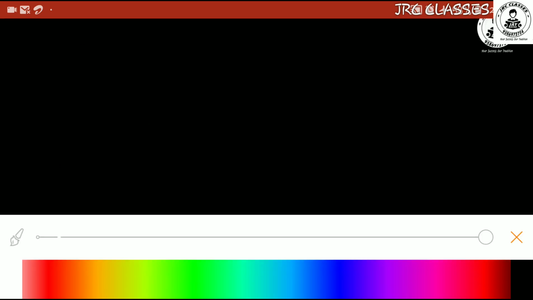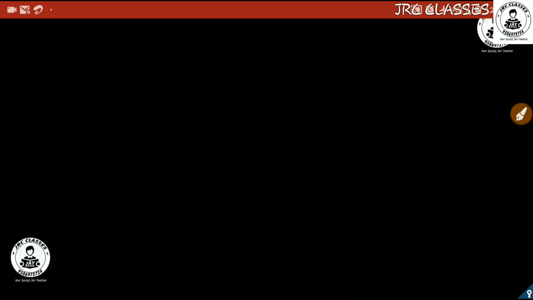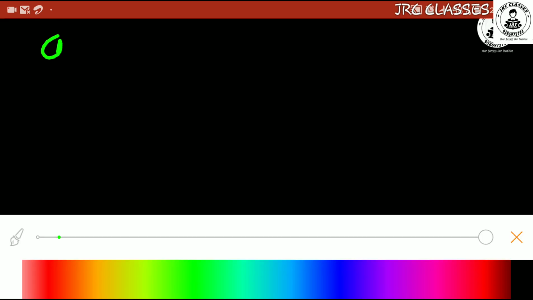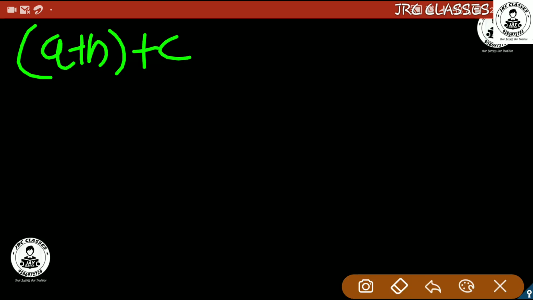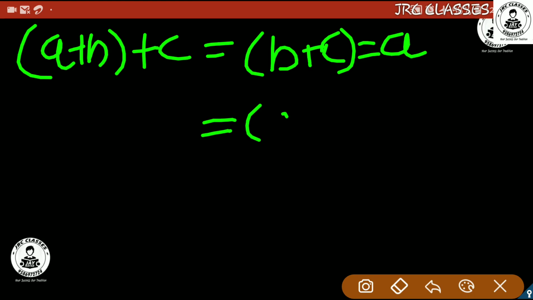Suppose a, b and c are 3 different whole numbers, then for addition we can write: we will first make a group of a and b, then add c; then we will make a group of b and c, then add a; and lastly we will make a group of c and a and add b.